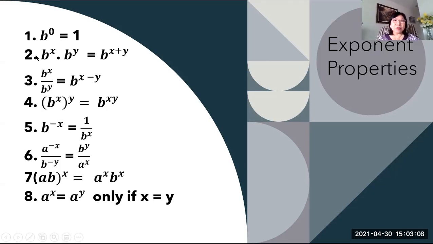So let's say you have two numbers with the same base, B, to the power of X, multiplied with the same base to the power of Y. We represent X and Y because these powers can be different numbers. So for example, B to the power X could be 3 to the power 5, and B to the power Y could be 3 to the power 10, something like that.